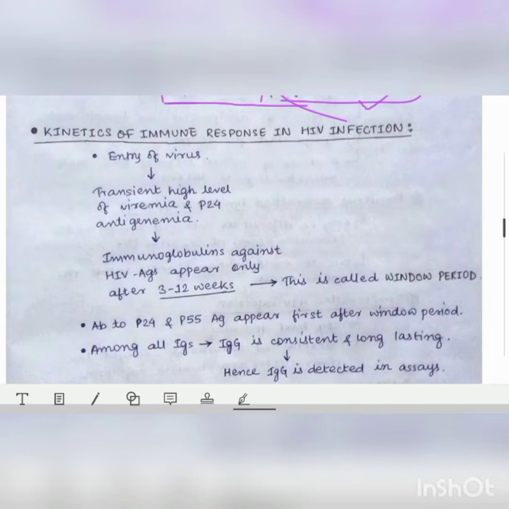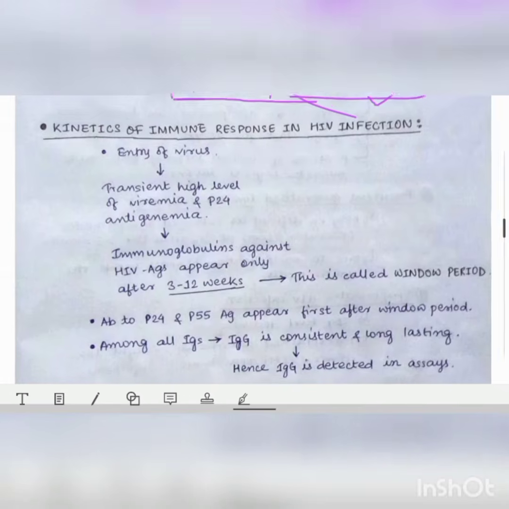Now coming to the kinetics of immune response in HIV infection, meaning how the immune system goes along with the HIV virus over a long term. See here, after the entry of the virus, there is a transient high level of viremia.